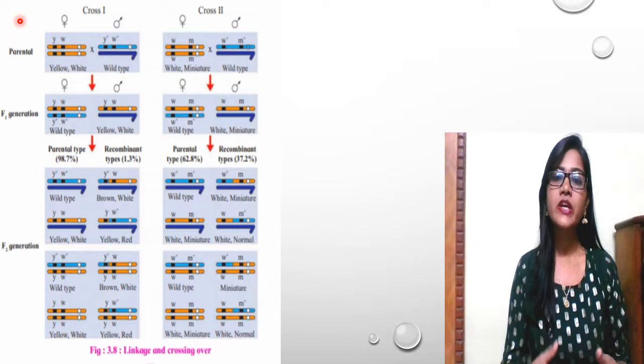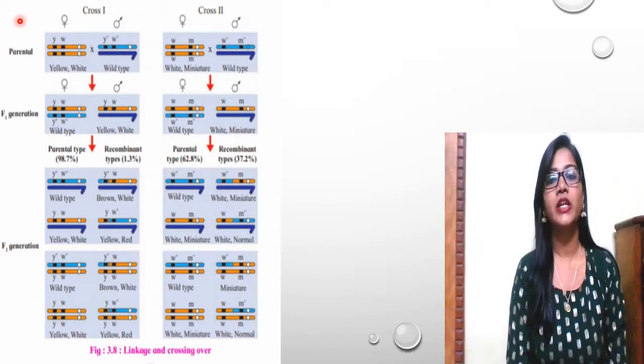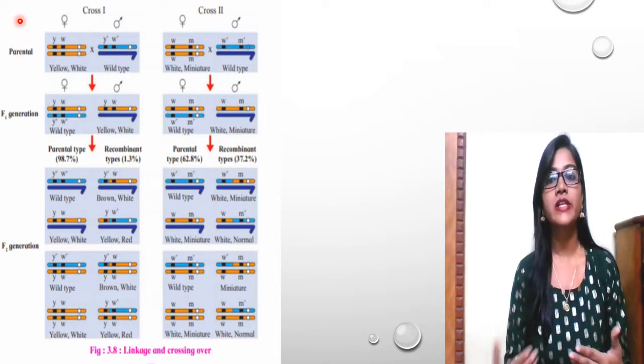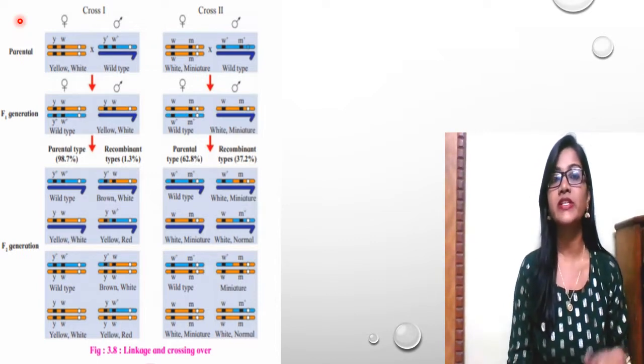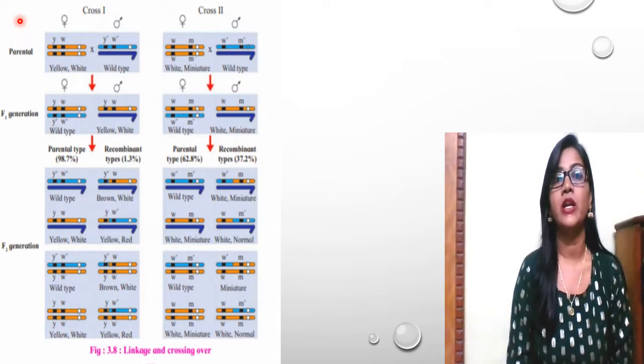Morgan carried out several dihybrid cross experiments in the fruit fly to study genes that are linked, and the crosses were similar to dihybrid crosses as carried out by Mendel on the Pisum sativum, or pea plant.